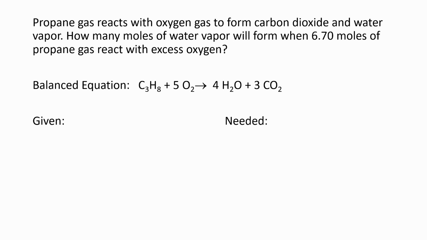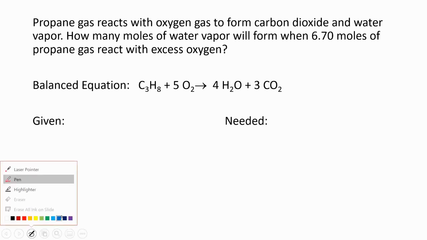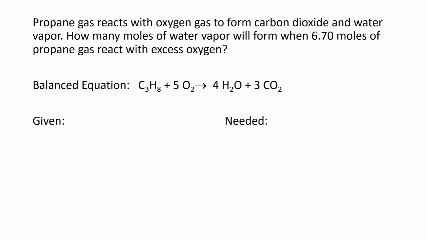This next one, new reaction. Okay, new balanced equation. We're going to start with 6.7 moles of propane. That's this stuff. So we're going to start with moles, and we're going to go to, now we need moles of water.